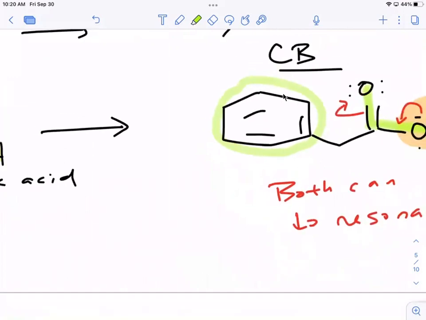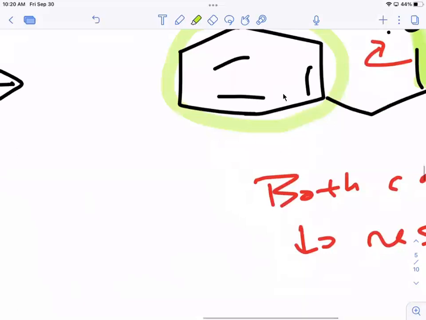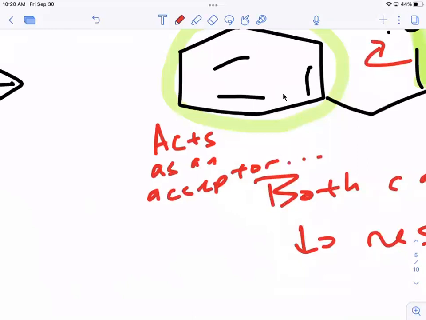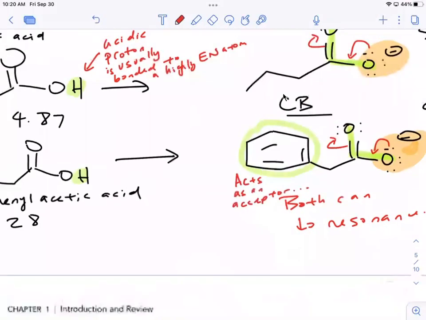But for the most part, an aromatic that's close by a negative charge is going to act as an acceptor. Can somebody tell me what induction means? Anybody? What does it have to do with?